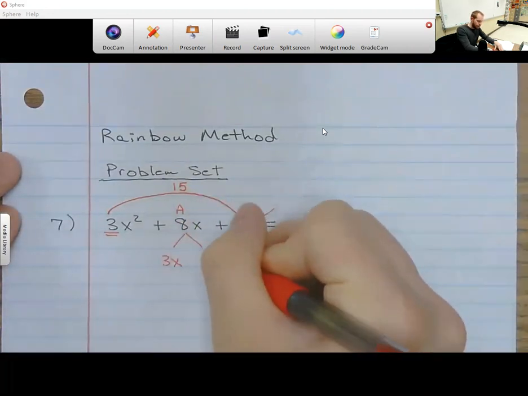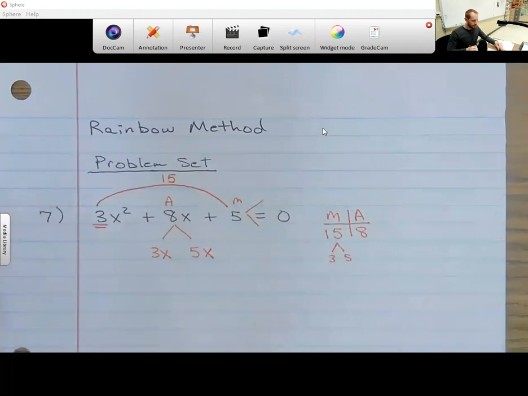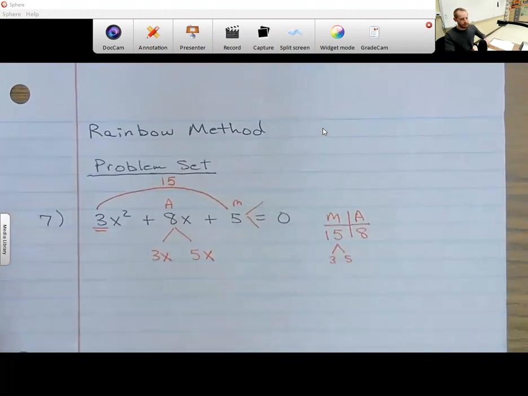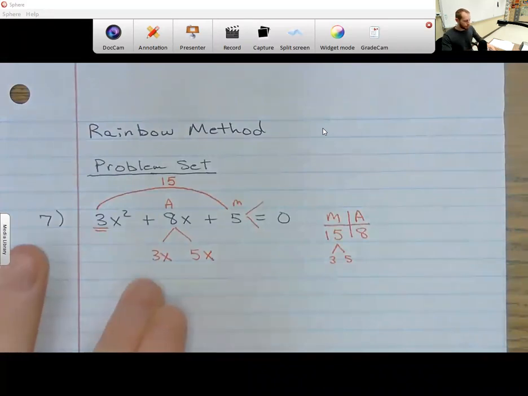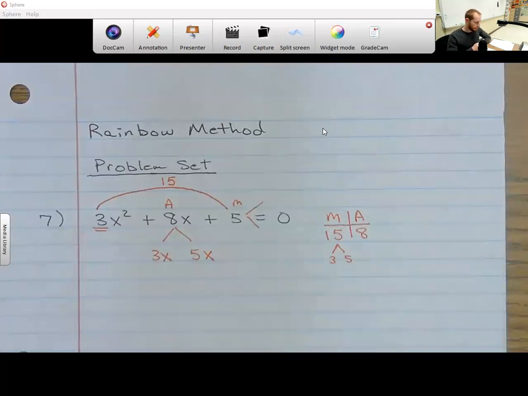Otherwise, when I get to the grouping step, you're not going to be able to take out what you need to. So I'm going to put x's on the 3 and the 5. So now I've broken up my middle term into 3x and 5x.